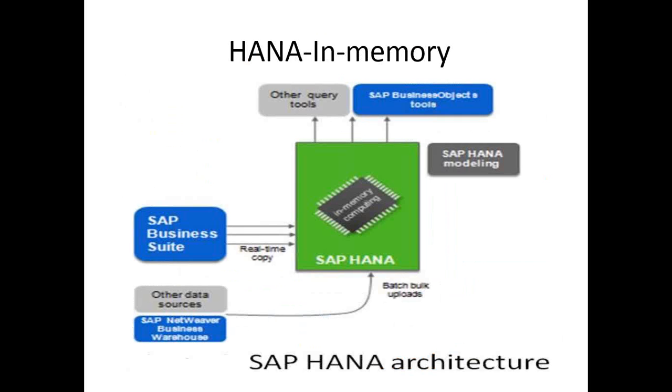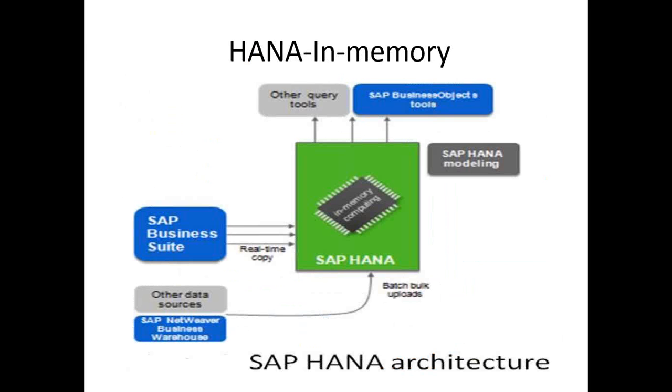SAP HANA stands for High Performance Analytical Appliance. All right, HANA stands for High Performance Analytical Appliance. The biggest difference between HANA and the rest of the databases is that it is an in-memory database.